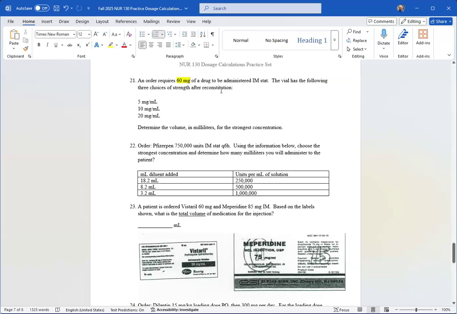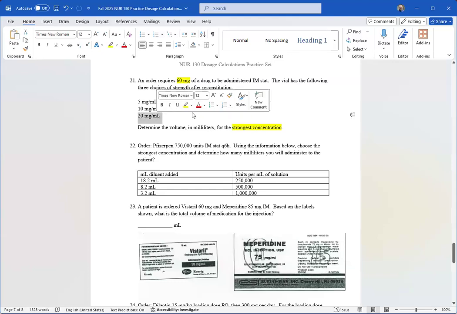Okay. And then it tells us there's three possible concentrations after reconstitution, meaning that if I add a different volume, I can get a different level of concentration. So the trick to this is it says determine the volume in milliliters for the strongest concentration. So the first question is, which is the strongest concentration? Is it 5, 10, or 20 milligrams per milliliter?